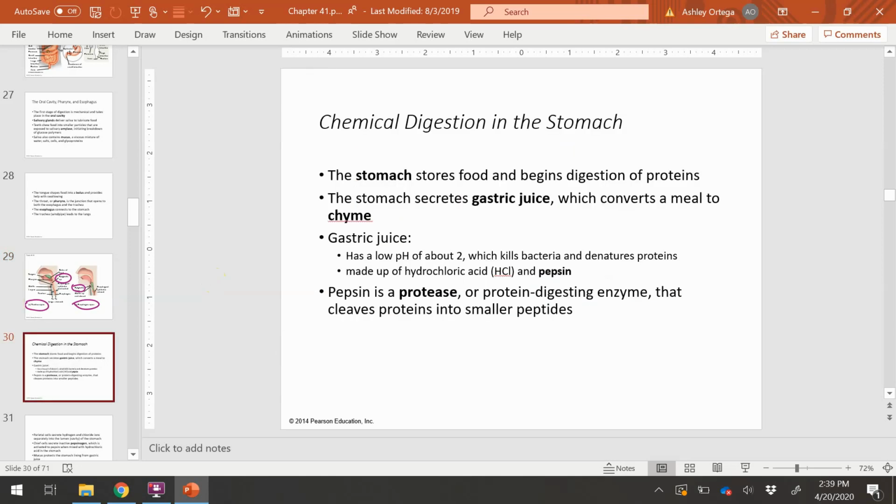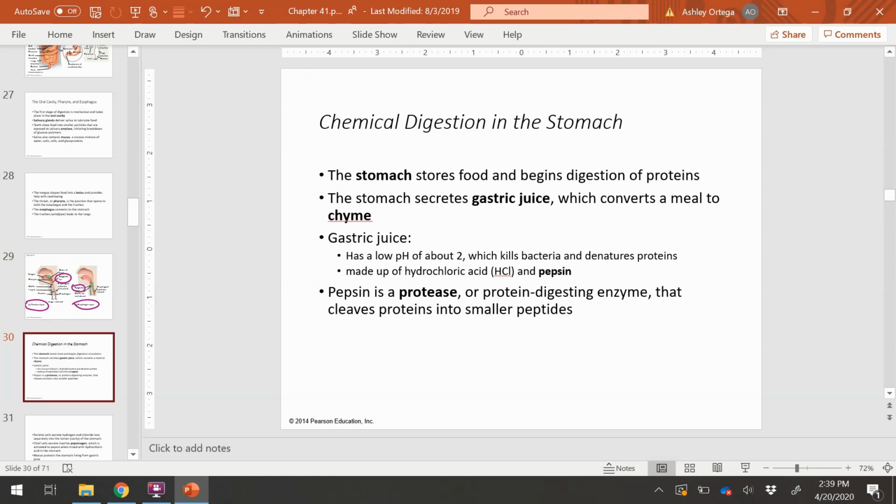All right, so now the food goes from the esophagus to the stomach in about, I think, 4 to 6 seconds, then the stomach will store the food and begin digestion of proteins. And so it does it through something called gastric juice. So it converts this meal, this bolus of food, into a liquid state called chyme.